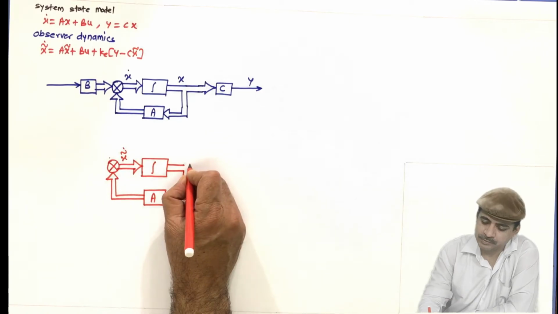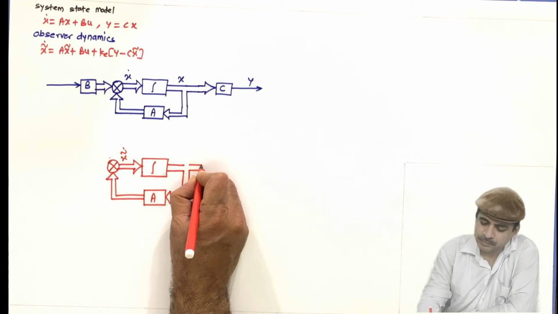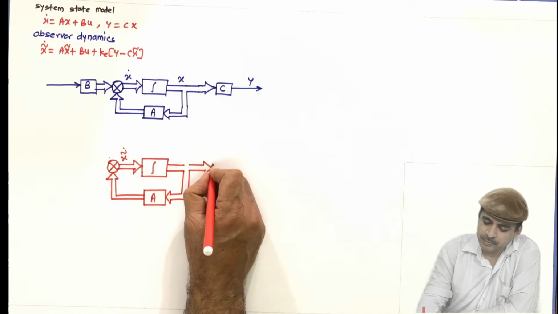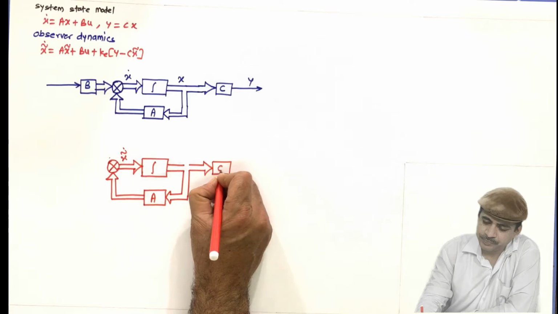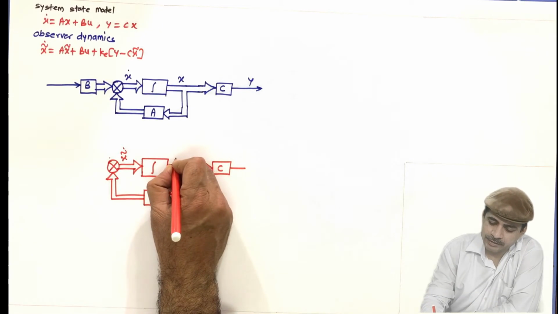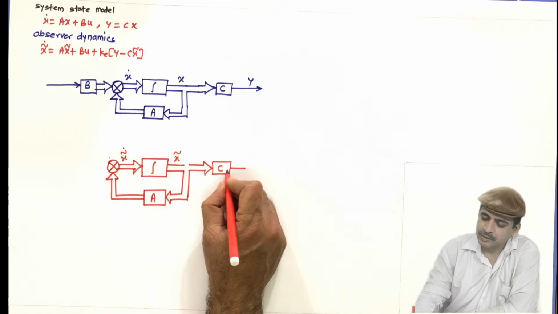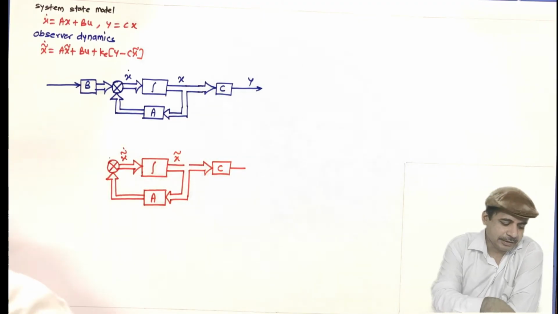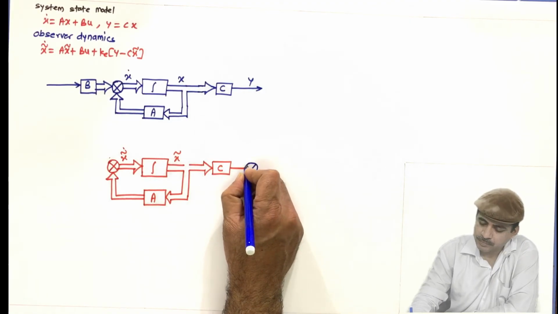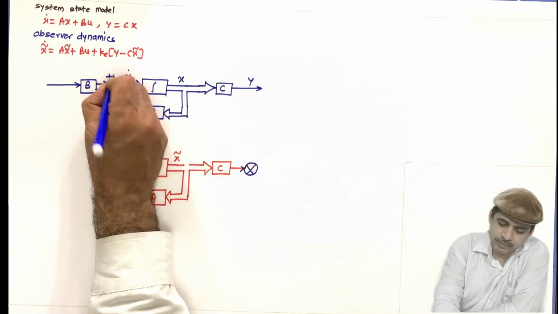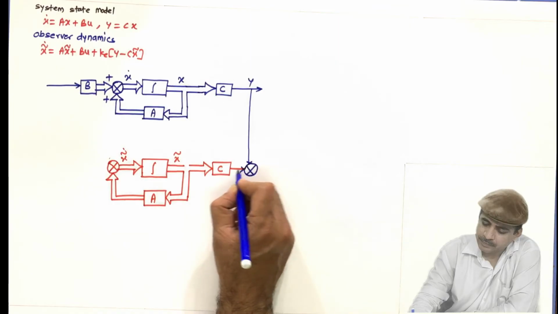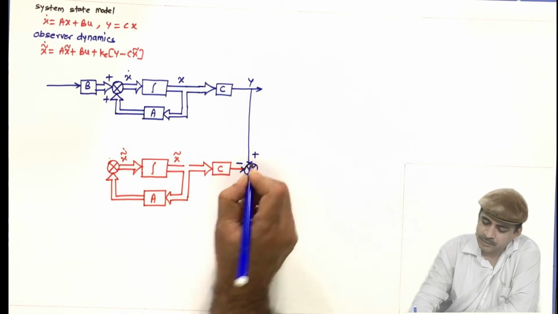So for that purpose I must multiply this with c to get cx tilde, and there is comparison between them. So this is plus plus and now this y minus cx tilde, plus minus.